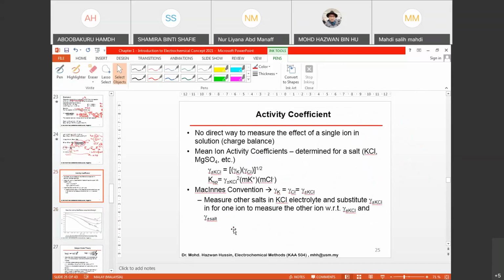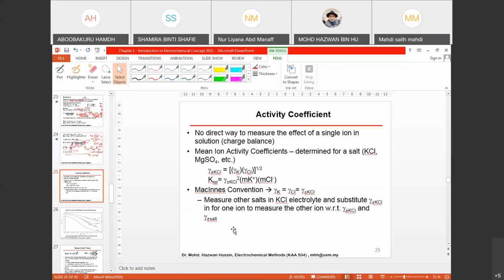Okay, so we are moving on to activity coefficient. All the while we have been talking about how activity affects the potential of the electrochemical process. Activity coefficient is basically determined for every type of ionic salt or ionic compound.